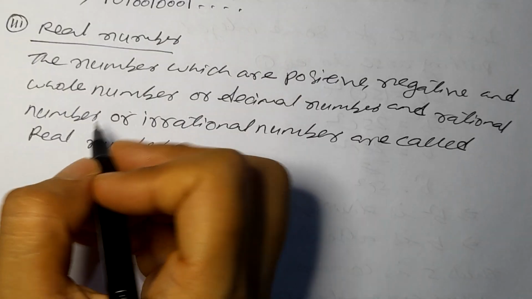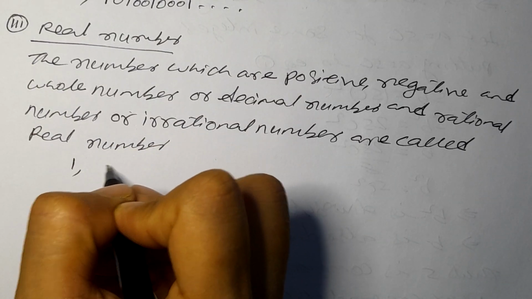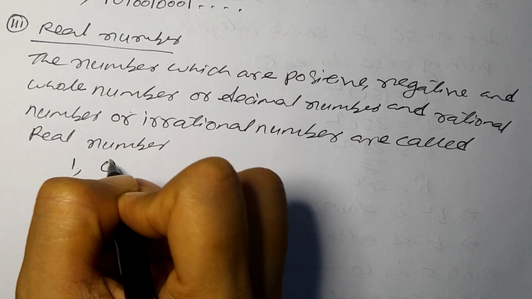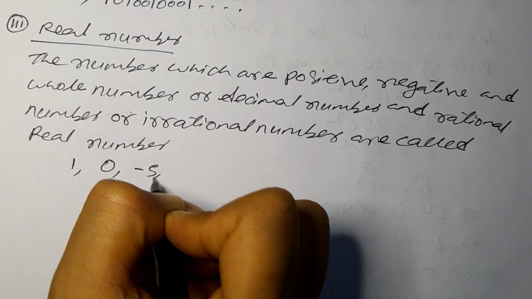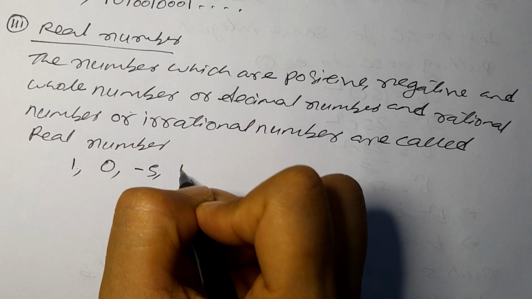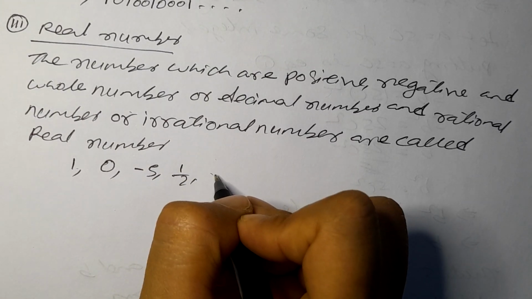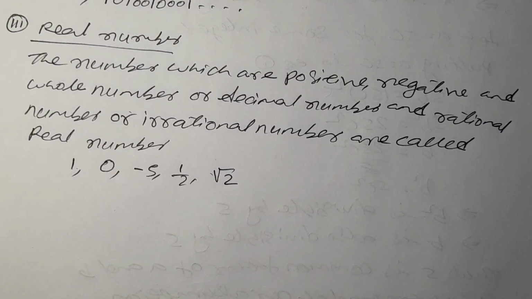Example, any number: 1, positive; whole numbers including 0; negative, minus 5; p by q, 1 by 2; irrational number, root 2. These are all real numbers, meaning a combination of all the numbers is a real number.